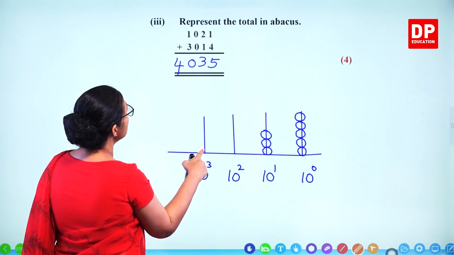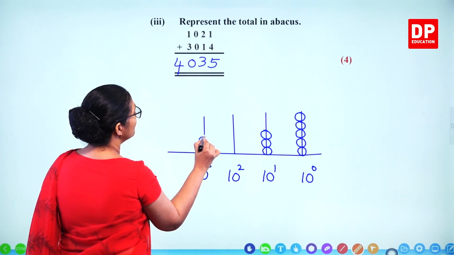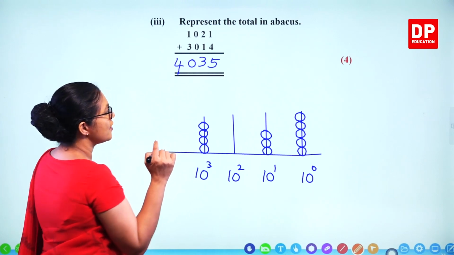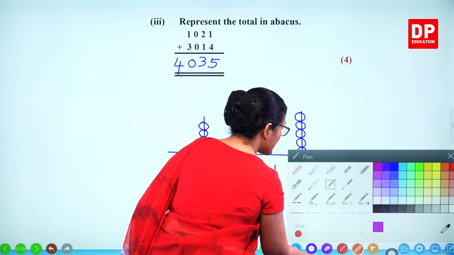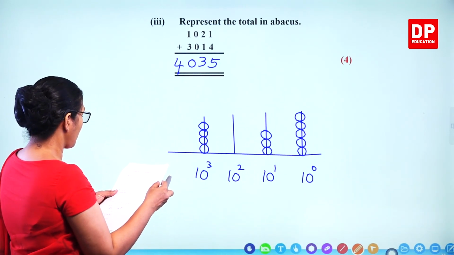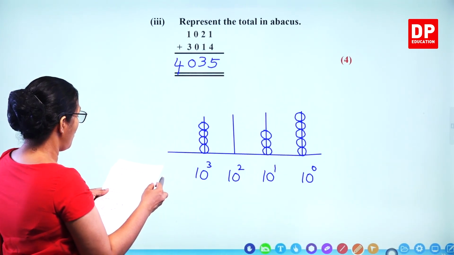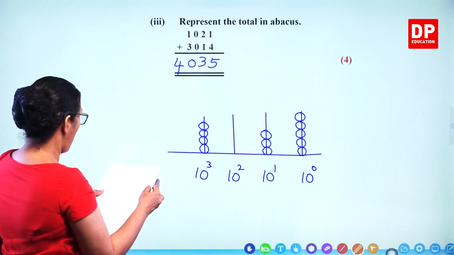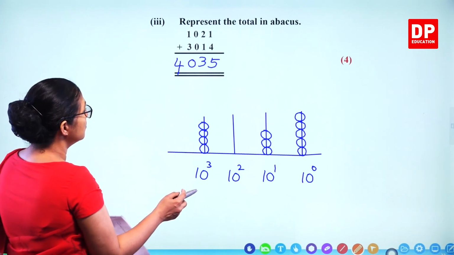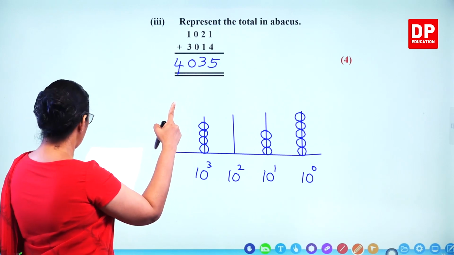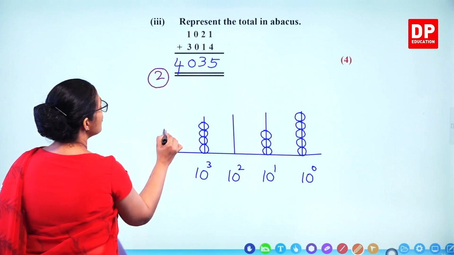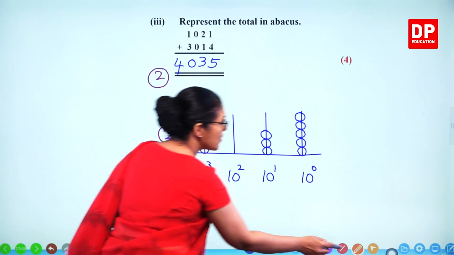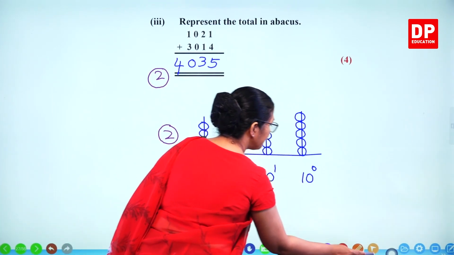Hundreds place and thousands place 4. So that's how we can show on an abacus. So let's see. 4, 3, 5. 4 marks. Here you have to get this answer, 2 marks, and showing that on the abacus, another 2 marks.